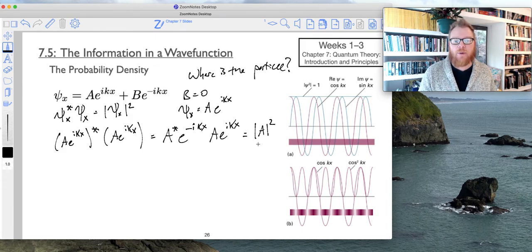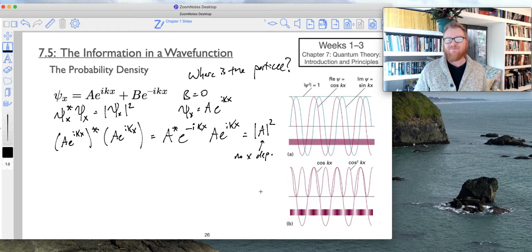And as it turns out, because there's no x dependence, this isn't exactly a realistic wave function, okay? So with the square modulus of this just being equal to some constant, it implies the particle can be found everywhere simultaneously with equal probability.